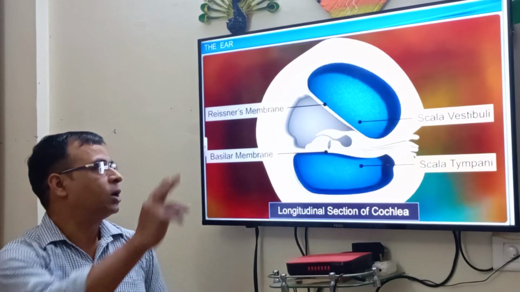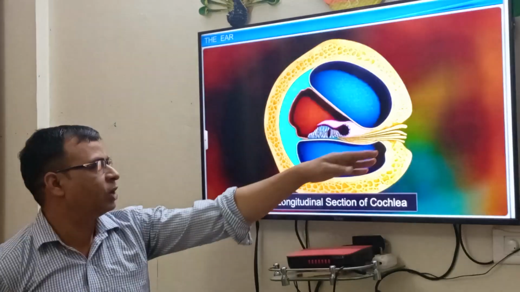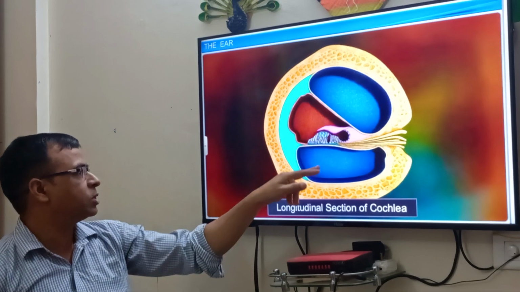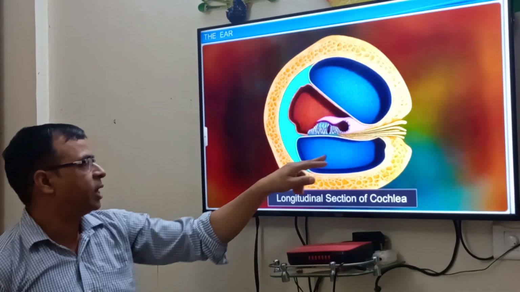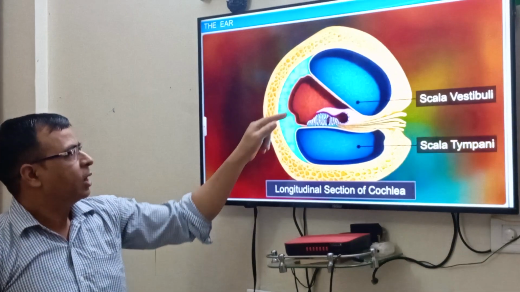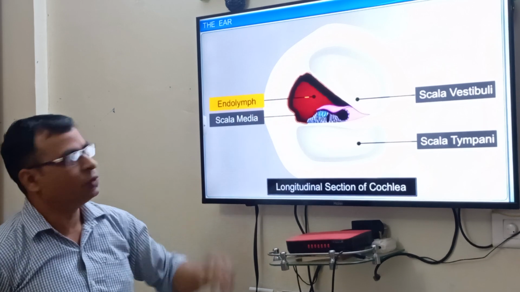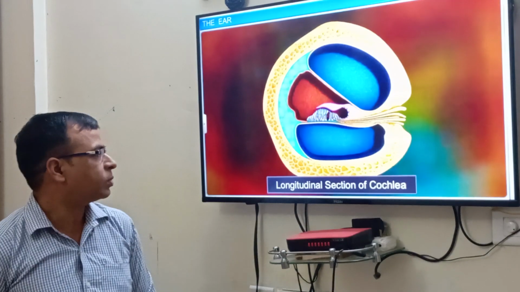These are filled with perilymph. The space between the scala vestibuli and scala tympani is called the scala media. It is filled with endolymph fluid.